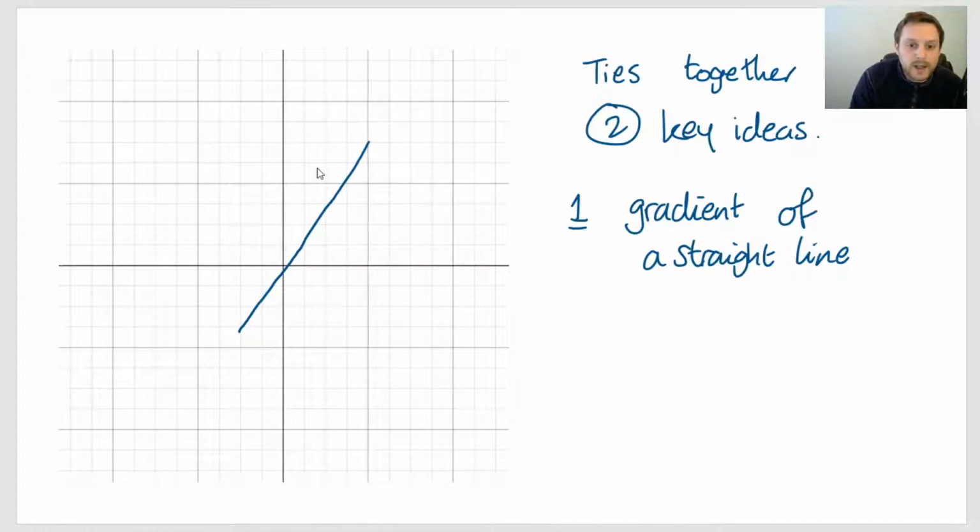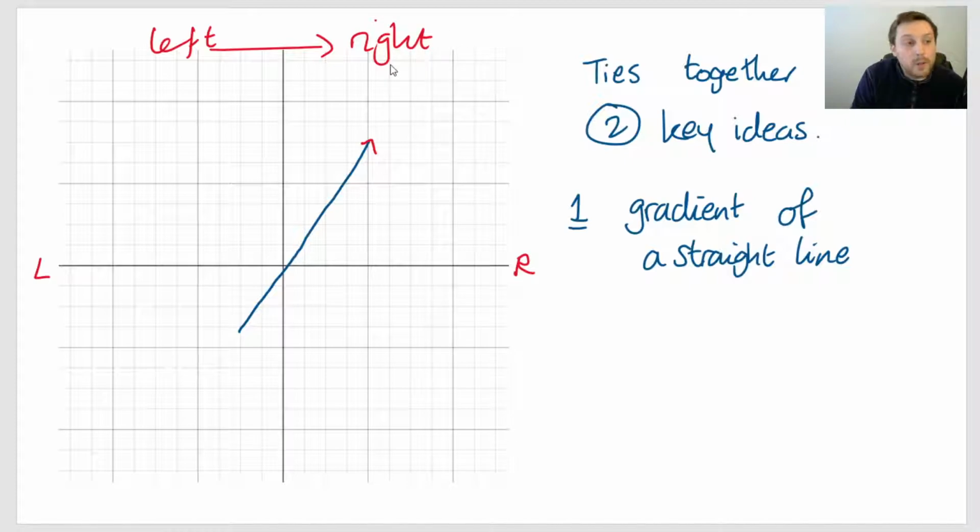If it is pointing uphill from going left to right, so if over here is obviously left, over here is right, and I'm going to be moving left to right, like how a number line goes from the negatives up to the positives, from left to right, also how we read sentences from left to right, we are going to consider this as going from left to right.